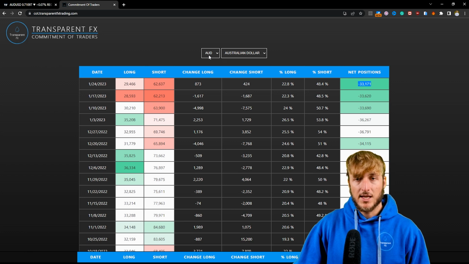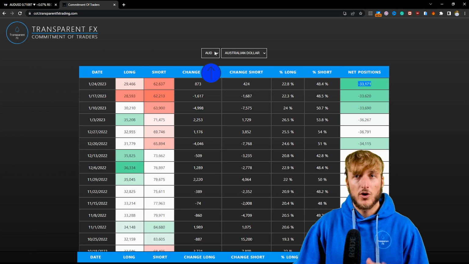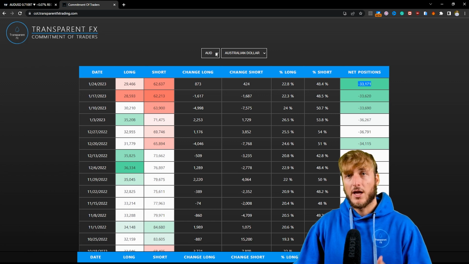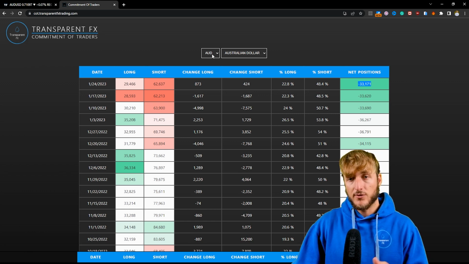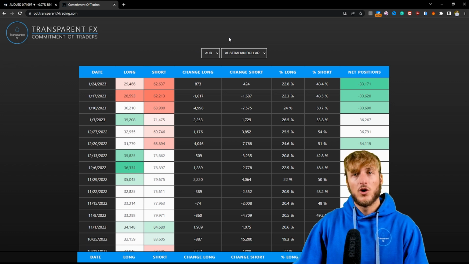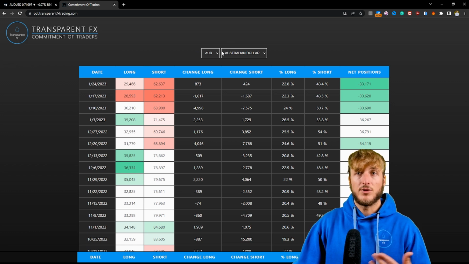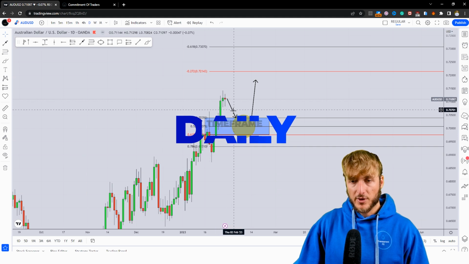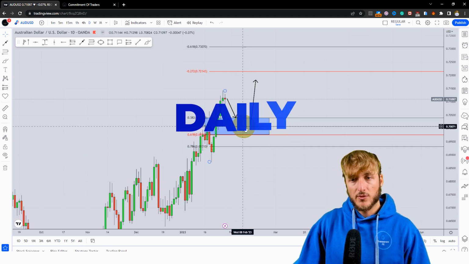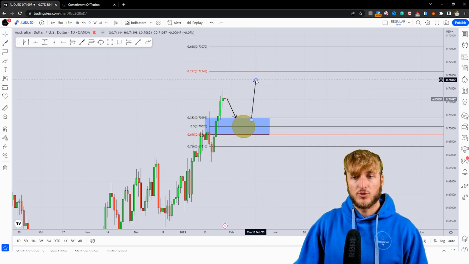Now, why do I say AUD USD? Because even though we're just checking the data for the AUD, all currencies on the spot are traded against the USD. So if we're checking the data for the AUD, we are actually already checking AUD USD. So if the market here will create a correction to this zone, we could be approaching a potential rejection higher.